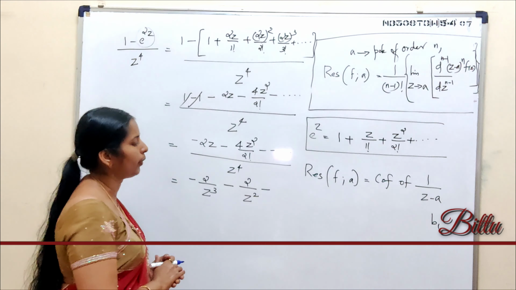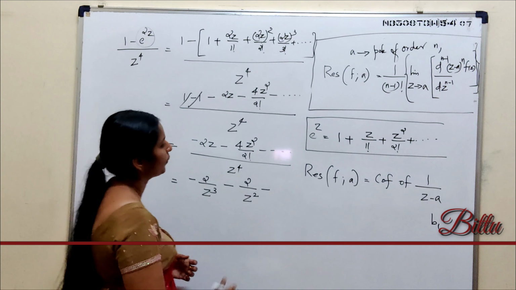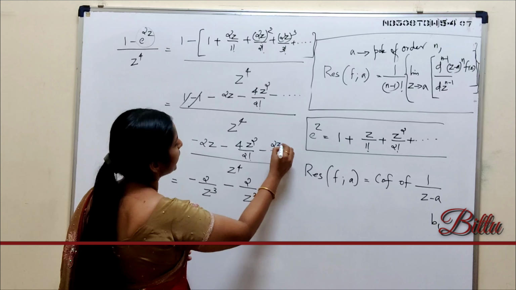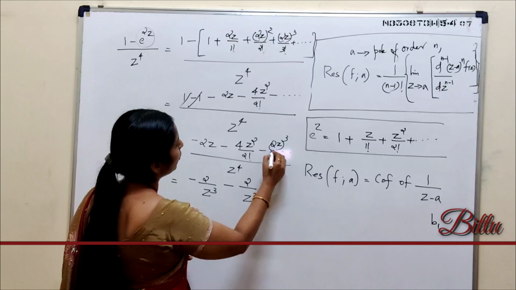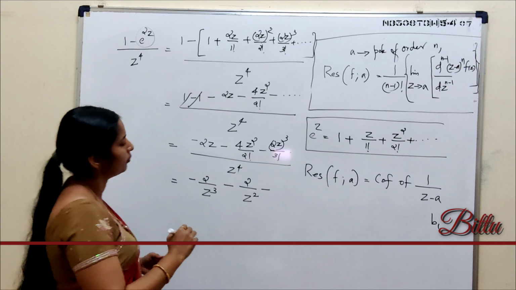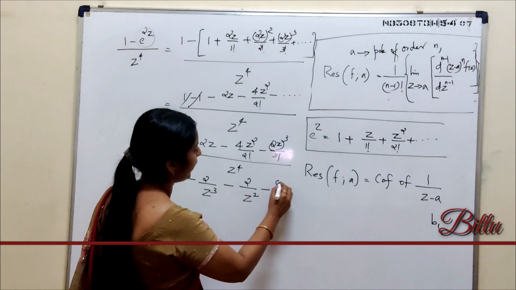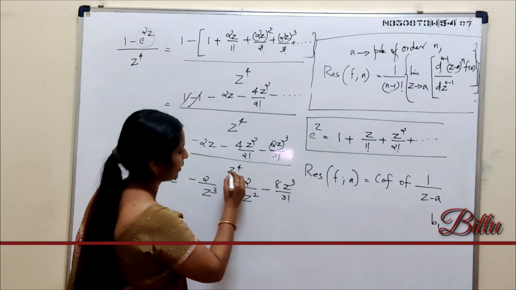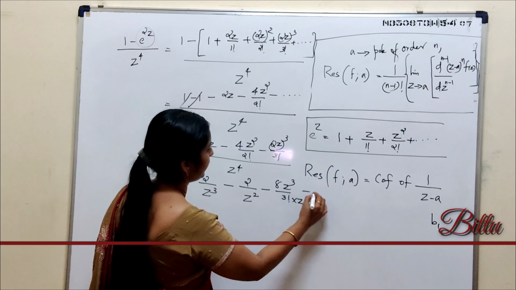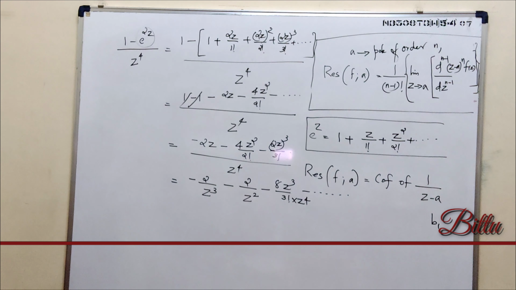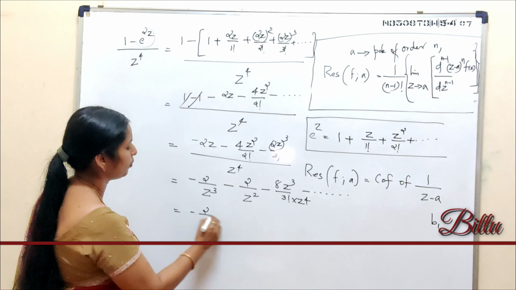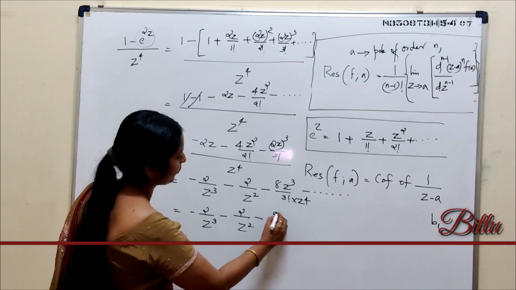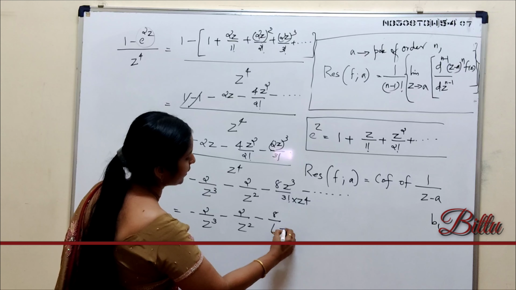So for getting the coefficient of 1 by z, you have to write the next term. Here the next term is (2z) the whole raised to cube by 3 factorial, so minus 8z cube by 3 factorial divided by z raised to 4, minus etc. That is minus 2 by z cube minus 2 by z square minus 8 by 6 times 1 by z minus etc.